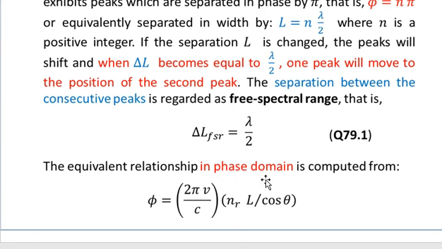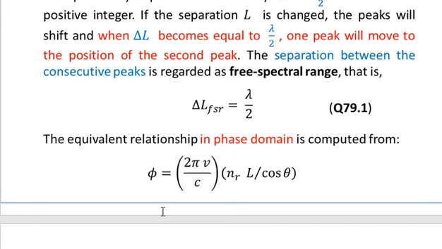The equivalent relationship in the phase domain is computed from phi is equal to 2 pi nu over c into nr into L over cos of theta.